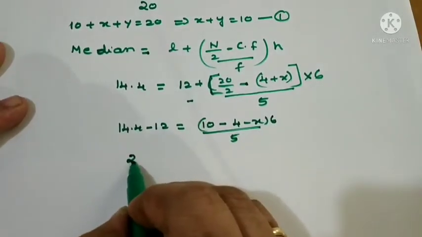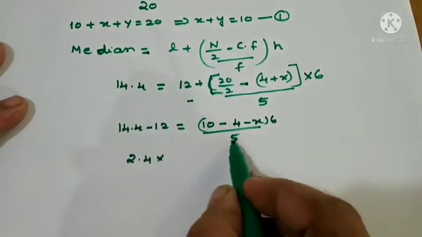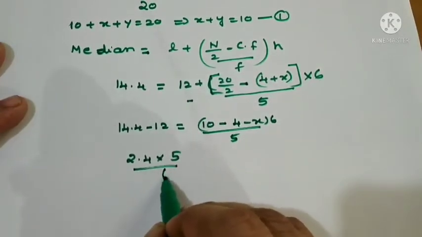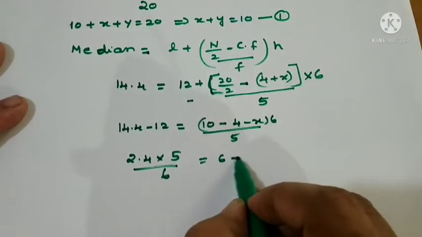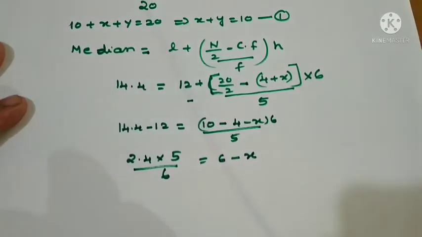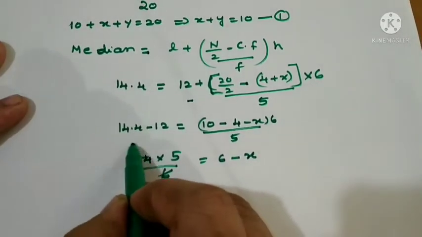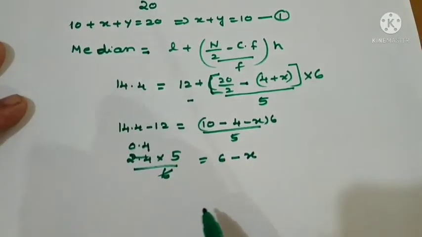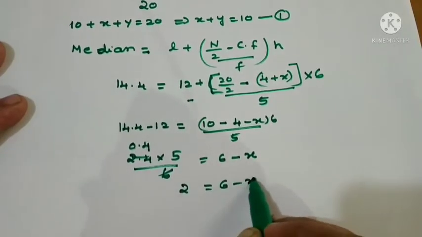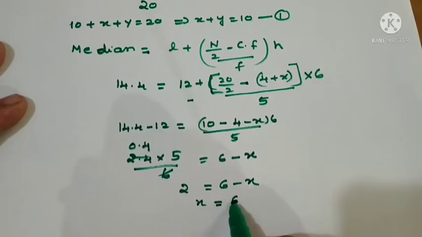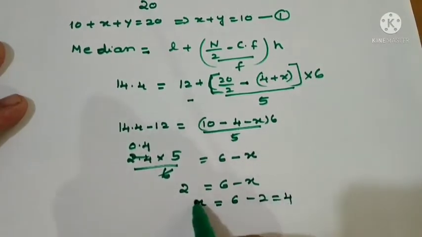So it is 2.4 into 5 divided by 6 equal to 6 minus x only. Next 6 into 0.4, that means 2 equal to 6 minus x, x equal to 6 minus 2 equal to 4.